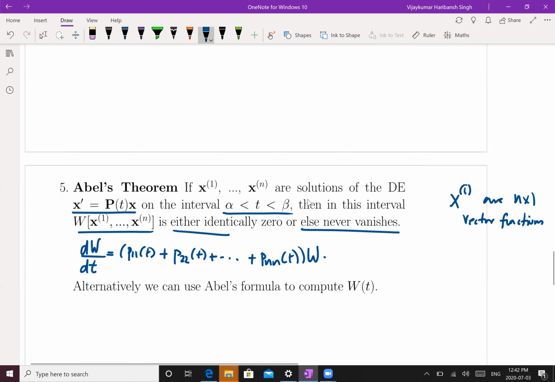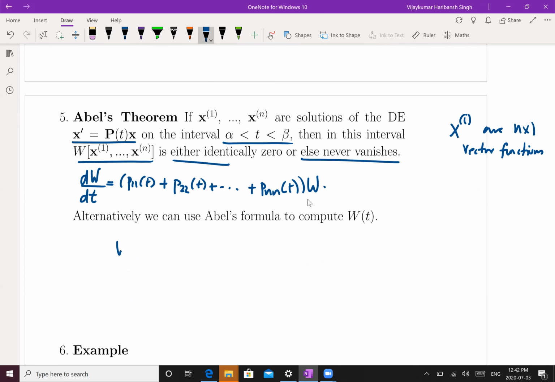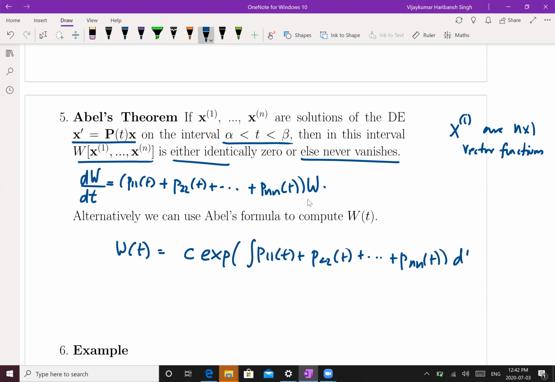So the Wronskian can be computed as C times the exponential of the integral of P11(t) plus P22(t) up to Pnn(t) dt. Let me put the bracket in a different color so it's clear what is happening. And this is called Abel's formula.